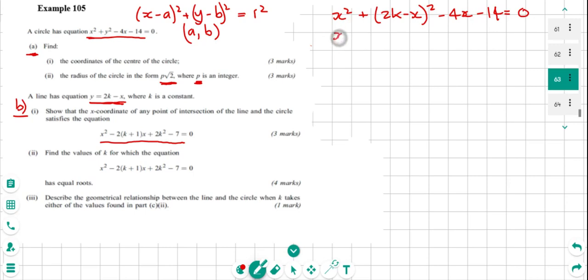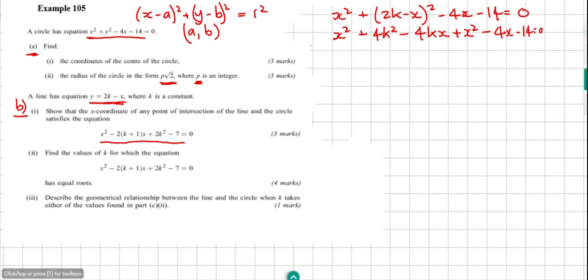So what I've got is x squared, and then if I square out the bracket, I'm going to get 4k squared minus 4kx, and then plus x squared, and then the minus 4x minus 14 that we had previously. And that's still equal to 0.